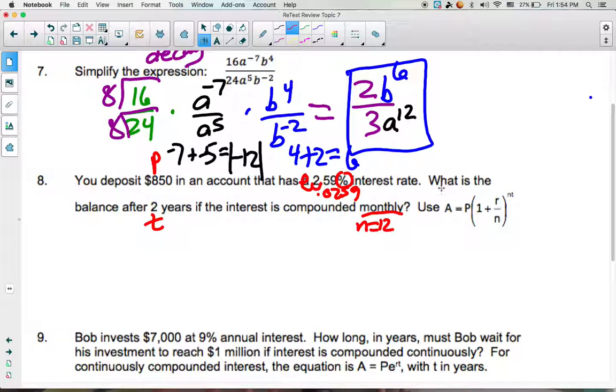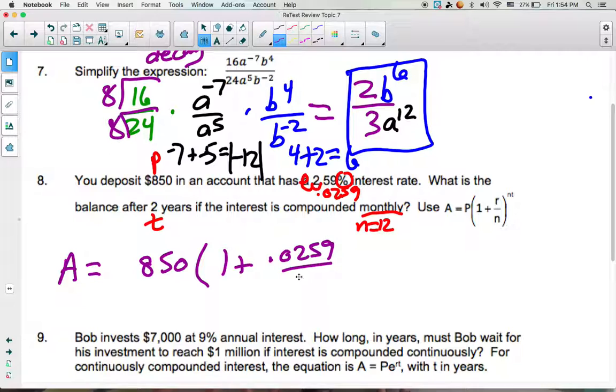We take these numbers, we plug them in this formula, and we calculate. So I have A equals 850 parenthesis 1 plus 0.0259 divided by 12, raised to the power of n, which is 12, times our t, which is 2. And you'll just take these values and type them on your calculator, and it'll give you the answer.